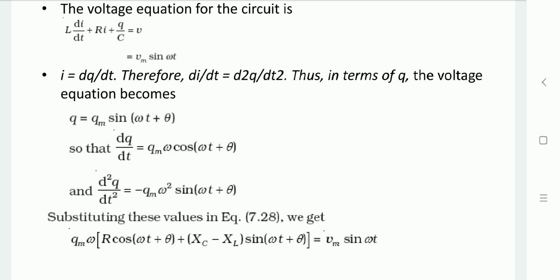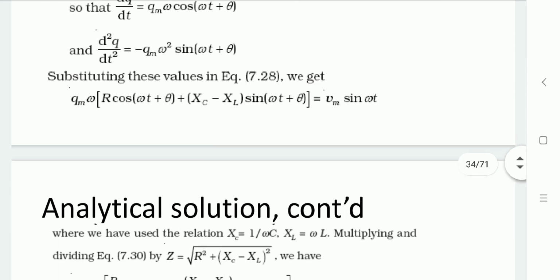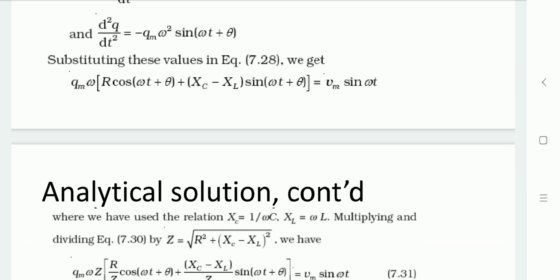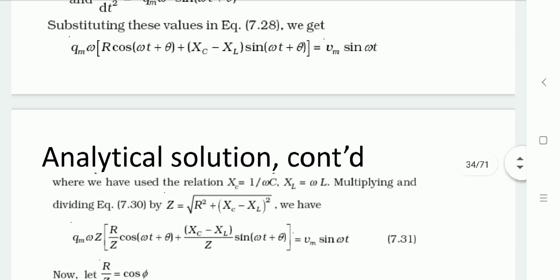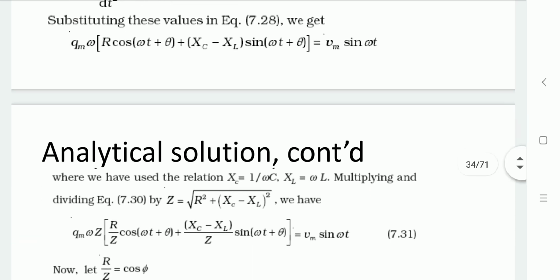Now take sin omega t plus theta common, so it would appear as Xc minus XL. And Xc is 1 upon omega C, the capacitive reactance, XL is omega L, the inductive reactance.